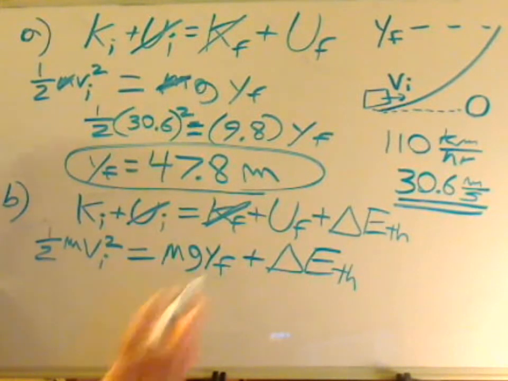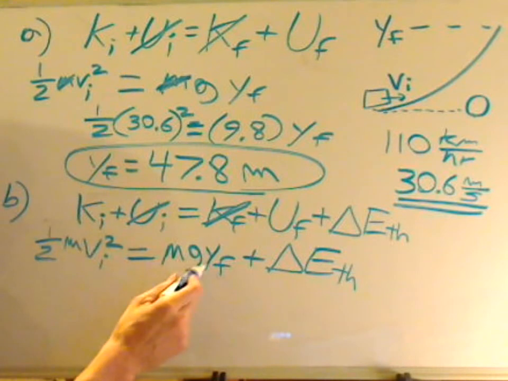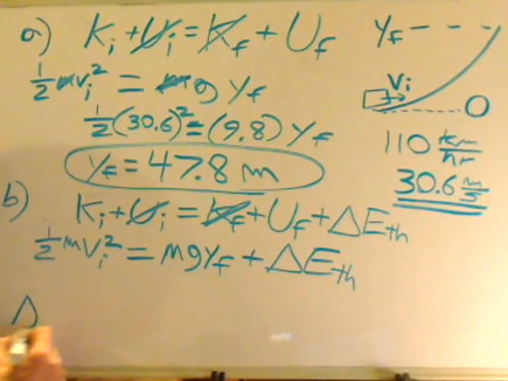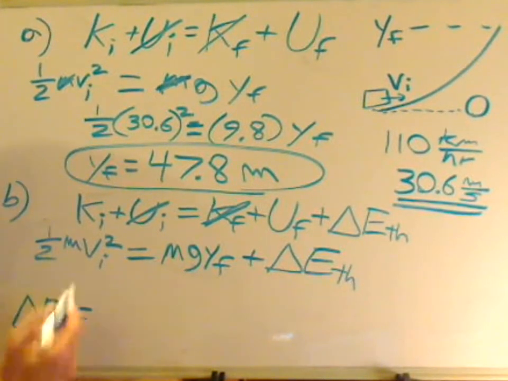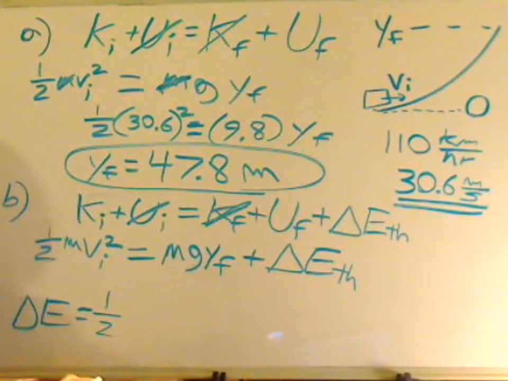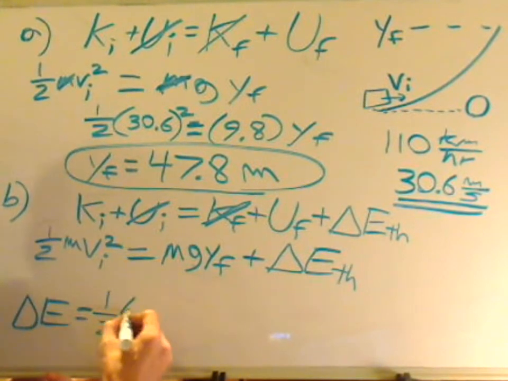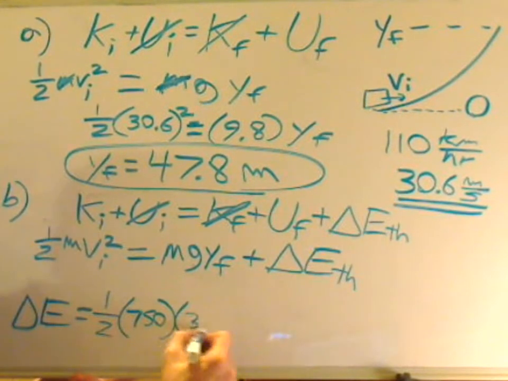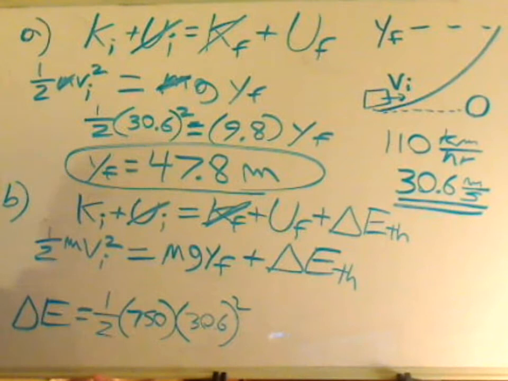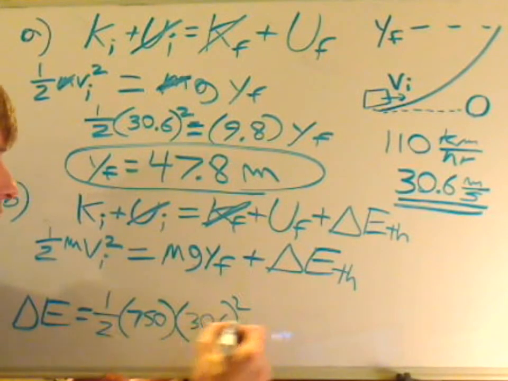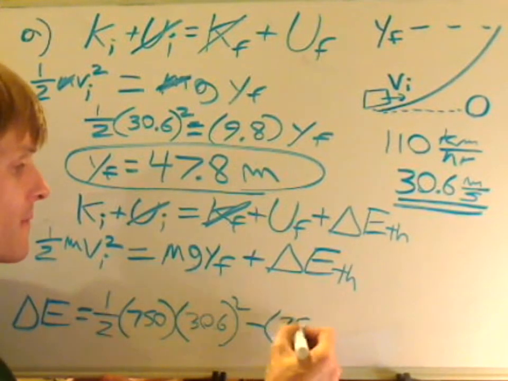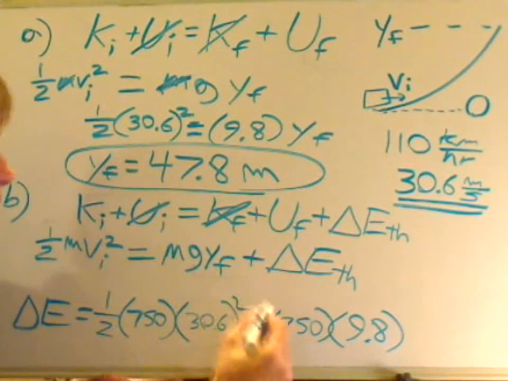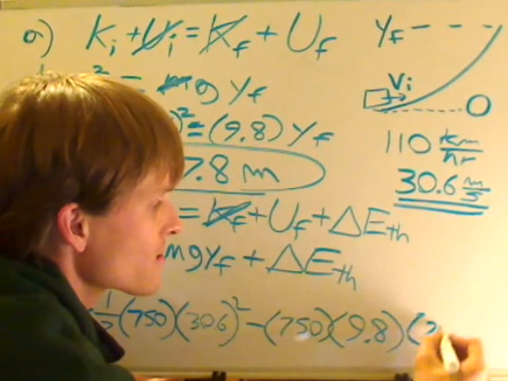So delta E is this minus this, and we plug these numbers in. Our change in thermal energy is 1/2 m v squared, where the mass of the car is 750 kilograms and the initial velocity is 30.6 squared, minus mg, where m is 750, g is 9.8, and the final y height is 22 meters.